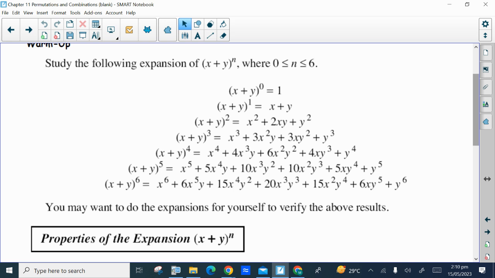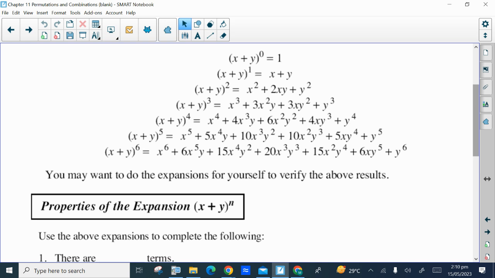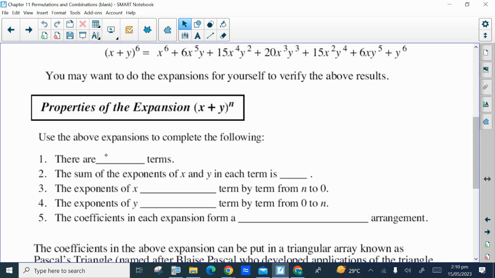And that pattern will continue. The number of terms is always one more than the value of n. N refers to the power on the binomial. So we say that there are n plus 1 terms in each expansion.